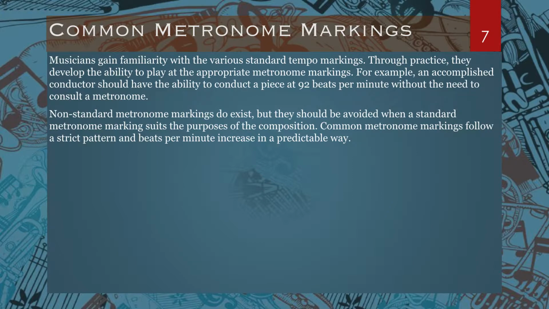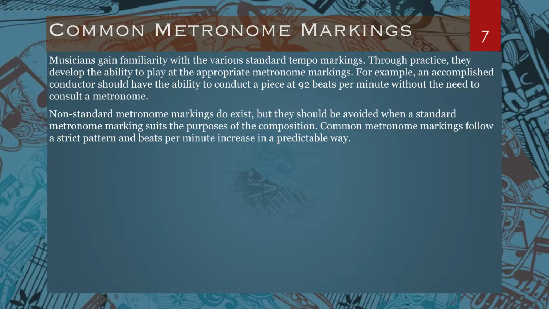So you should avoid using non-standard tempo markings. As I said, musicians gain familiarity with the various standard tempo markings. Through practice, they develop the ability to play at the most common metronome markings. For example, an accomplished conductor should have the ability to conduct a piece at 92 beats per minute without the need to consult a metronome.